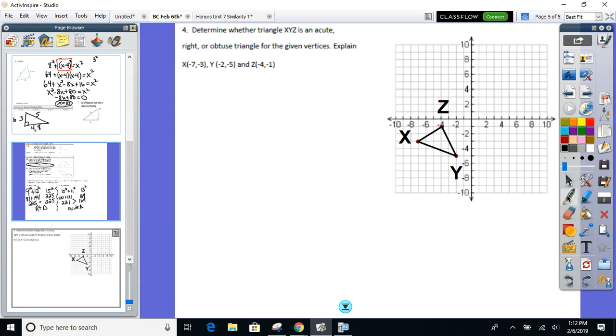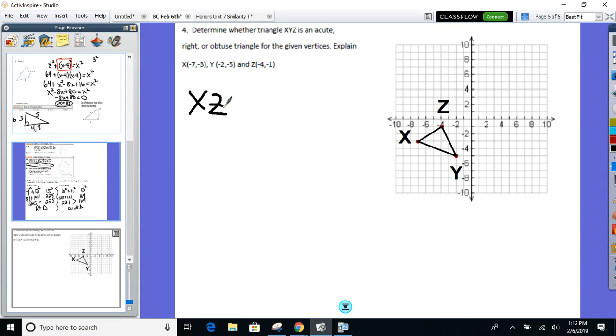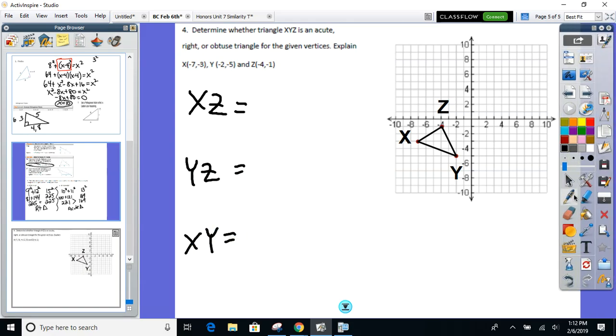All right, let's go XZ. I'm going to assign that to these two groups right here. You guys got the distance of XZ for me? Back two groups right over there, you guys have YZ. And the remaining two groups have XY. Find the distance, please, so we can compare the sides.